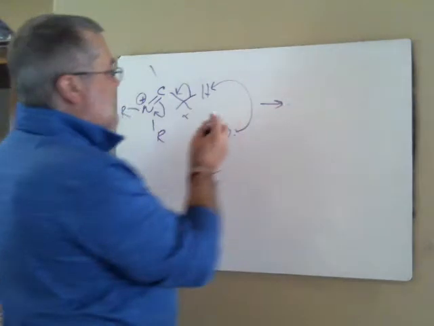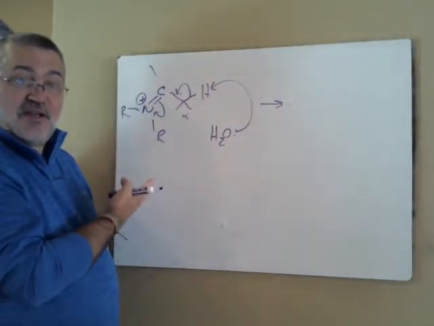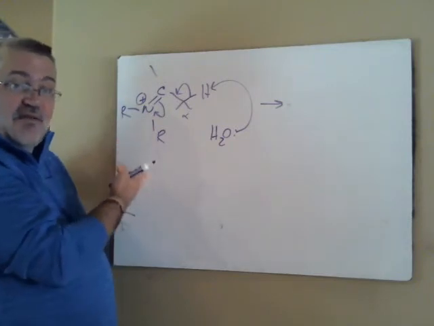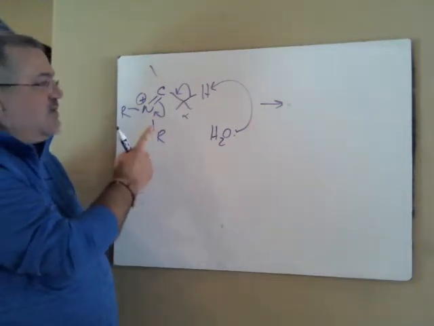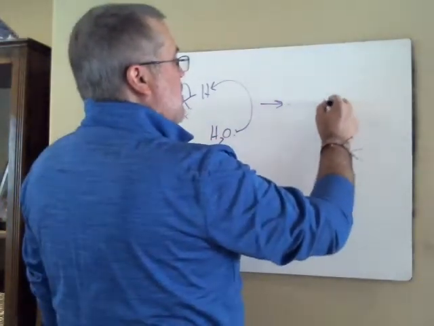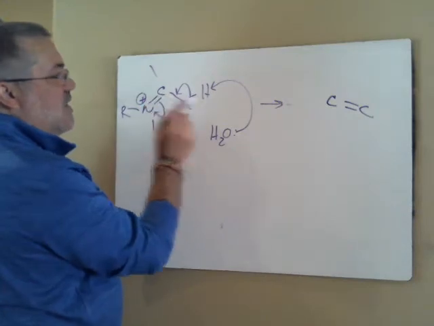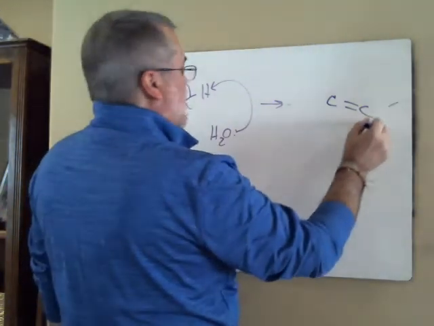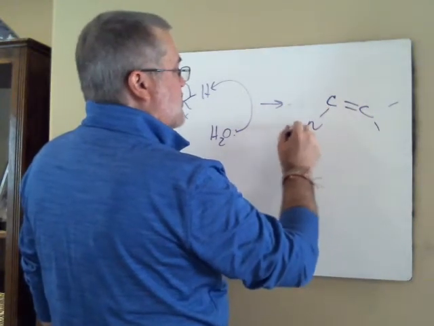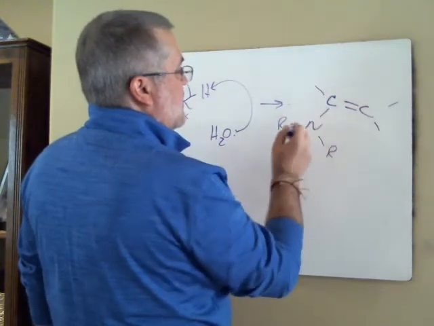And so in this last step, which is just the deprotonation, that is the difference between imine formation and enamine formation, just this last step. Because now the double bond exists between what was the carbonyl compound and the alpha carbon. Okay, and so therefore now your nitrogen is neutral like this.